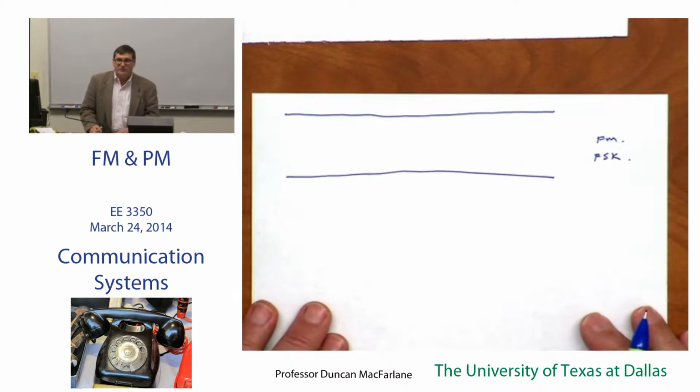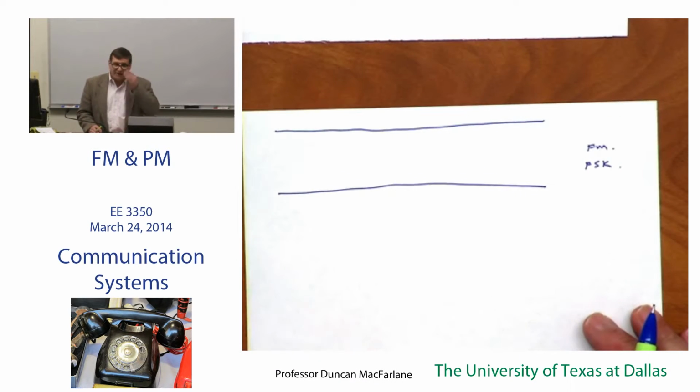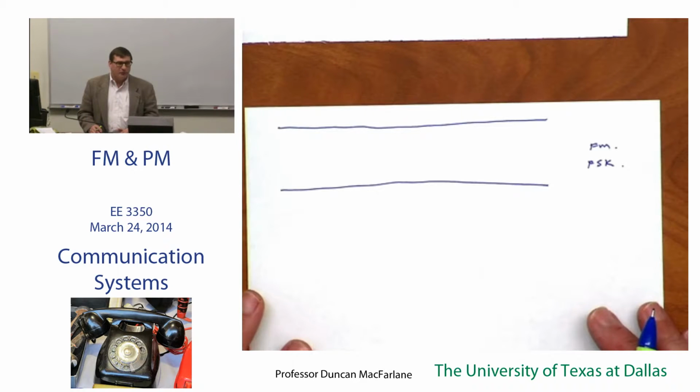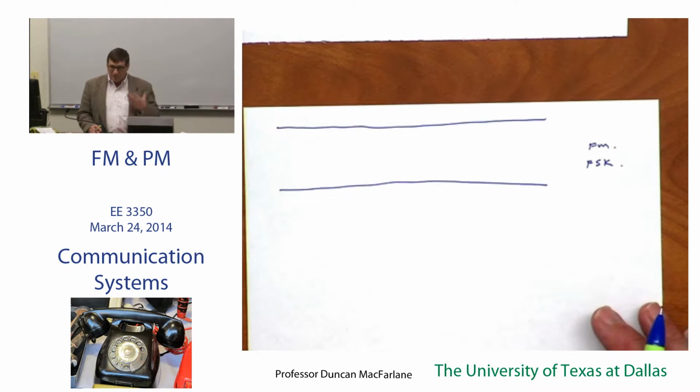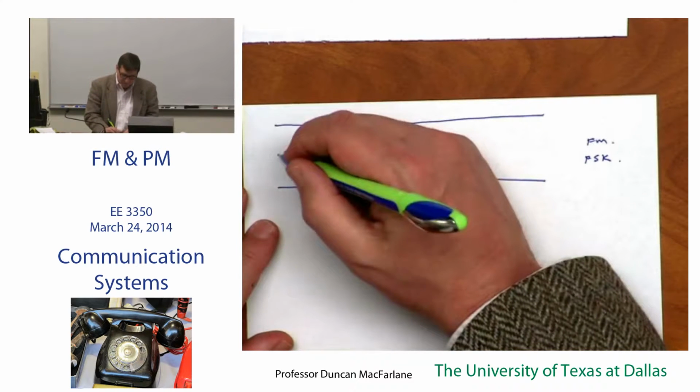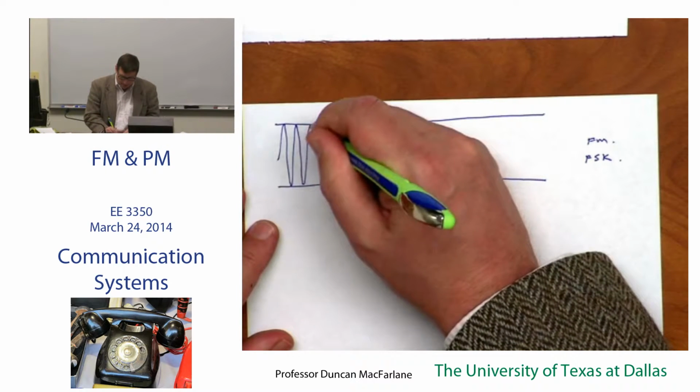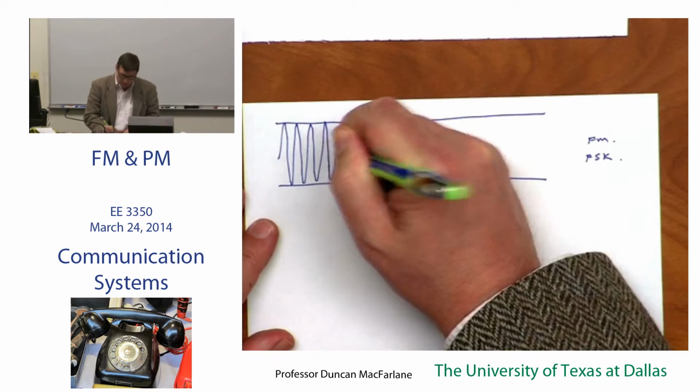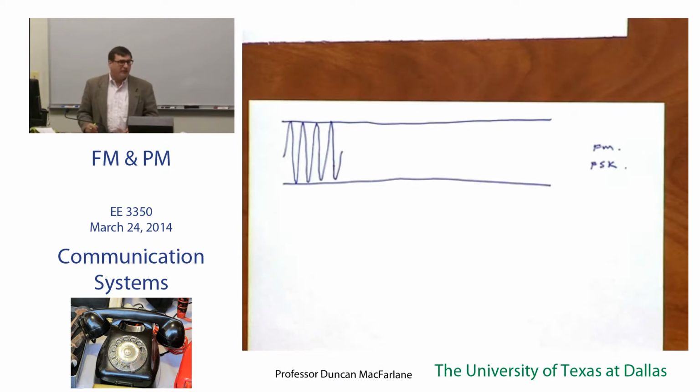I'll just do the simplest case because it's easiest to sketch, frequency shift keying. In frequency shift keying, I'll send one frequency until you're able to resolve that it's one frequency. A few cycles. You measure it, you detect it, and you see, yes, I made one frequency.